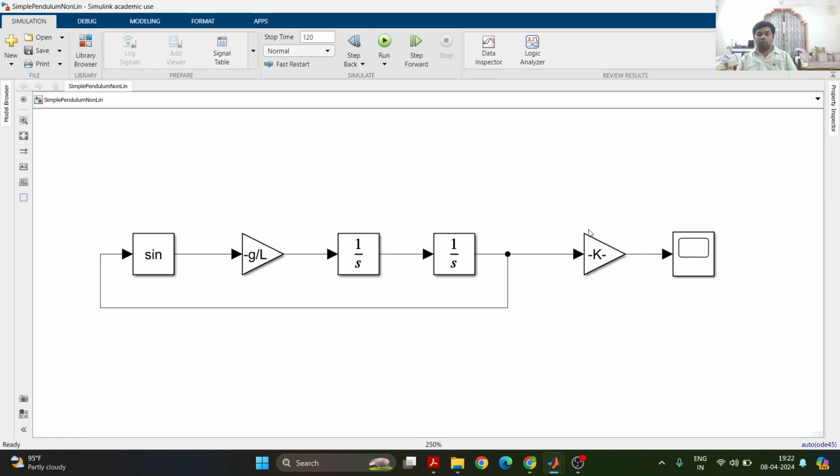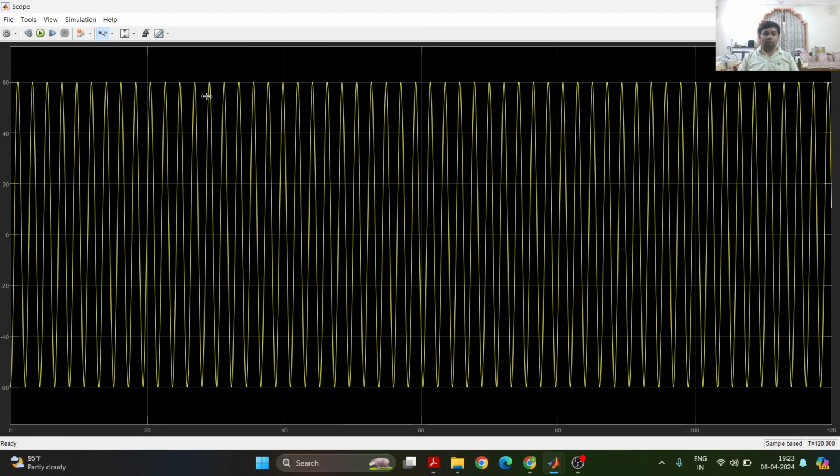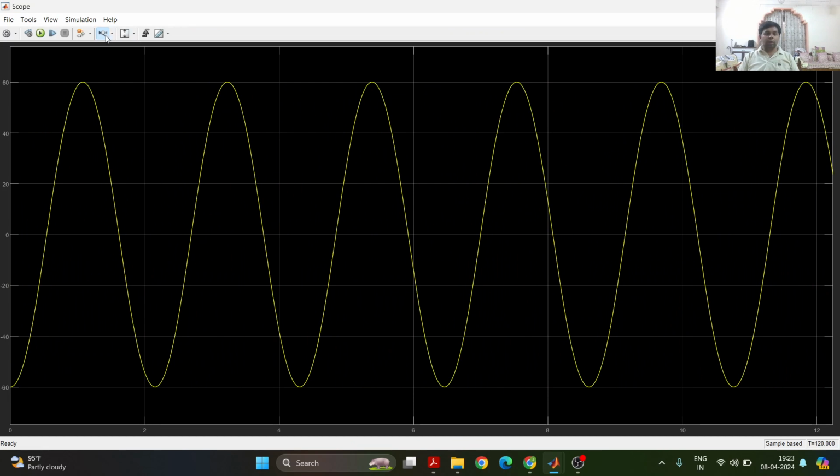Since the initial displacement in this case was minus 60 degrees, it won't behave like a linear pendulum where we invoke the small angle approximation, but essentially we would expect the amplitude of the signal to be more or less constant and somewhat sinusoidal. So this seems reasonable and the curve now looks much more smooth.